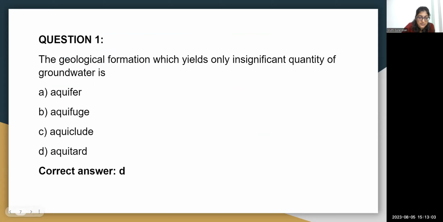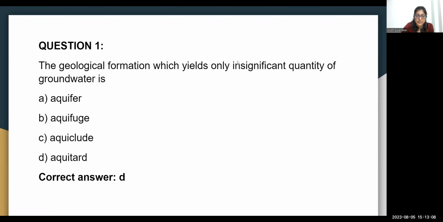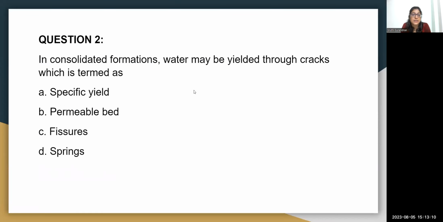Moving on to the second question. In consolidated formations, water may be yielded through cracks which are termed as what? Again, you can put in your answers in the chat box. Let's make this a little more interactive so that it will be interesting for you as well as for me. Okay, I'm glad there's one answer.